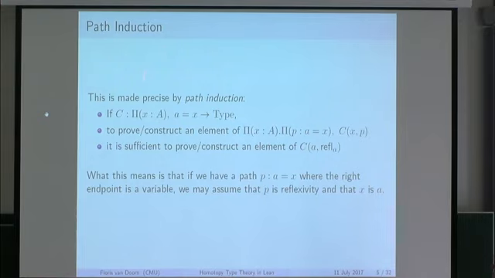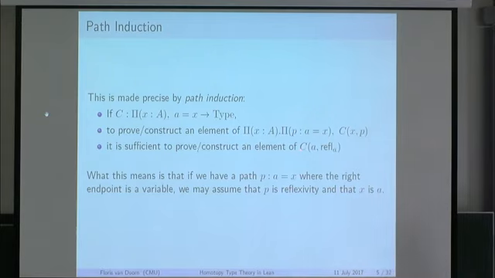So the formal statement says if I have any family which takes a path, so a family of types indexed over a path, and I want to prove or construct an element of this family over an arbitrary path from A to X. To do that, it's sufficient to prove or construct an element of just over the reflexivity term.